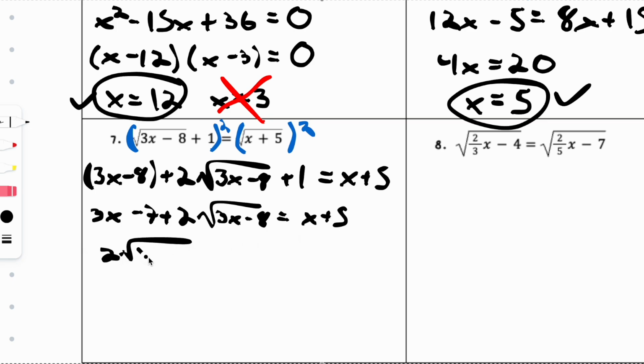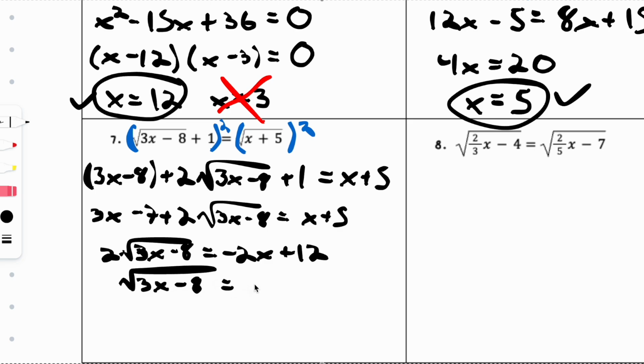I'm going to end up getting 2 root 3x minus 8. I subtract 3x from both sides, we get negative 2x. And I add 7 to both sides, so we get 12. Now we divide by 2, and we get the square root of 3x minus 8 equals, I'm just going to say 6 minus x.